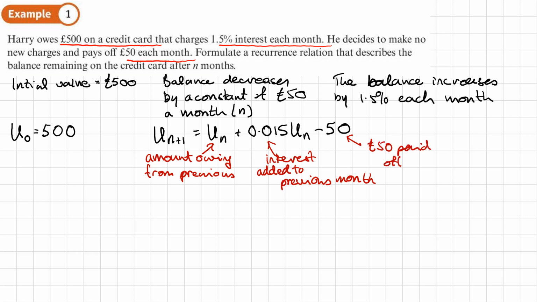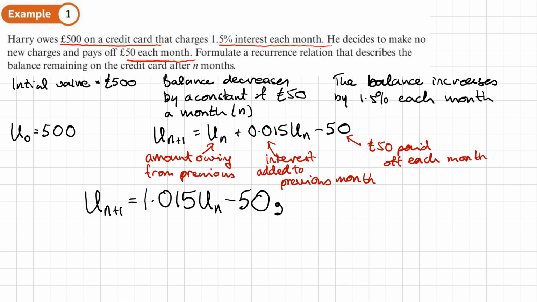So we can simplify this because these two can go together, and in fact we probably could have done that right at the start and just said 1.015 Un minus 50, which basically means take the previous balance and increase it by 1.5%, take off the 50, and then we need to state the initial condition here, which is U0 equals 500.